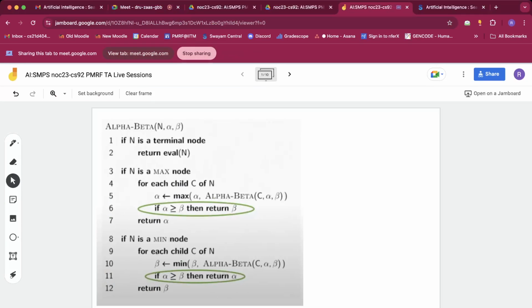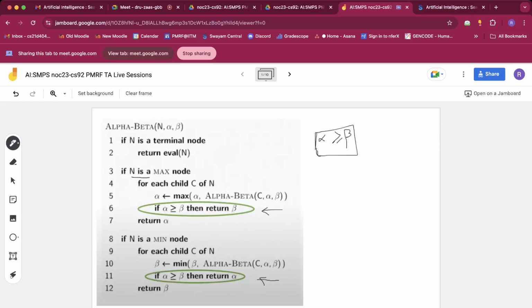I have highlighted two specific parts where the cutoffs are happening. The condition for cutoff will always be the same, that is when alpha is greater than or equal to beta, then we will have a cutoff. Whether this is an alpha cutoff or a beta cutoff depends on the node that we are inspecting.